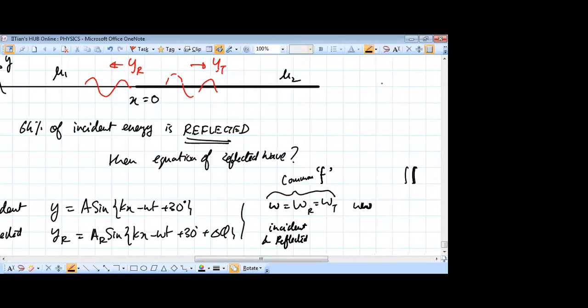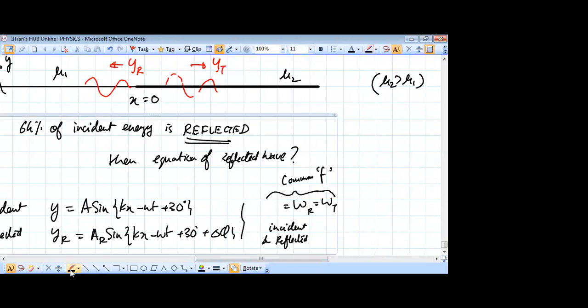and this string had linear mass density mu2, obviously mu2 is greater than mu1. Because the incident and reflected waves are operating in the same medium, they have the same wave speed. With the same wave speed and the same frequency, they must have the same k.